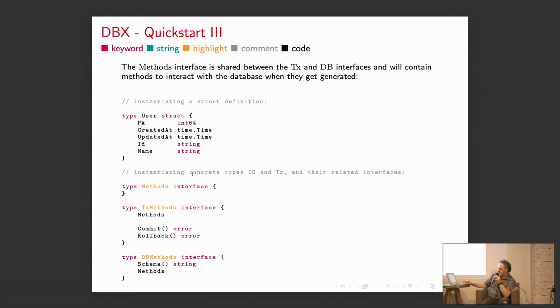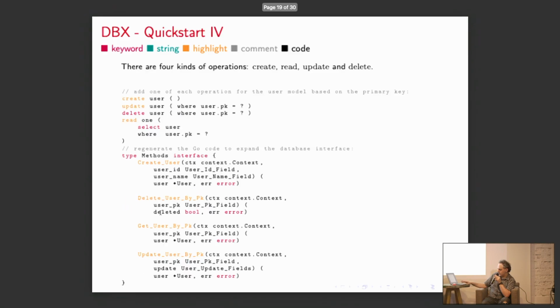And then you can instantiate concrete types DB and TX and their related interfaces, and here are the methods. So this is the way that DBX wants them expressed and written down.